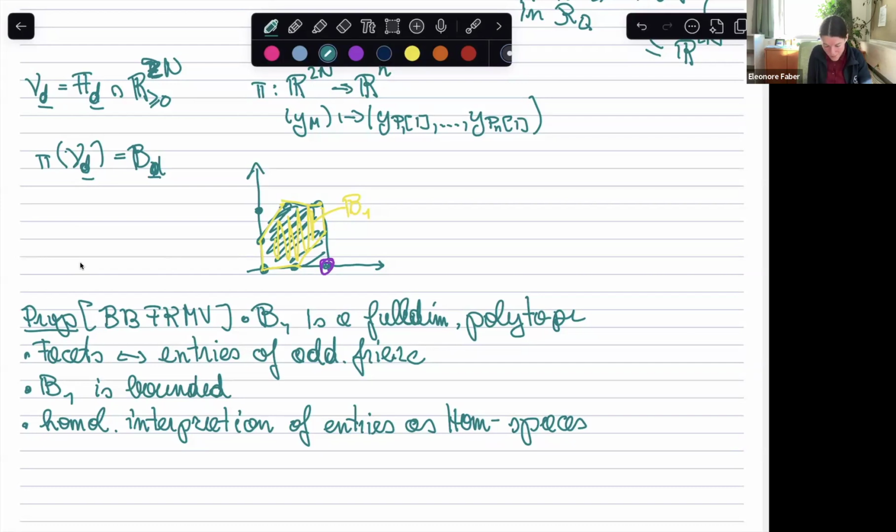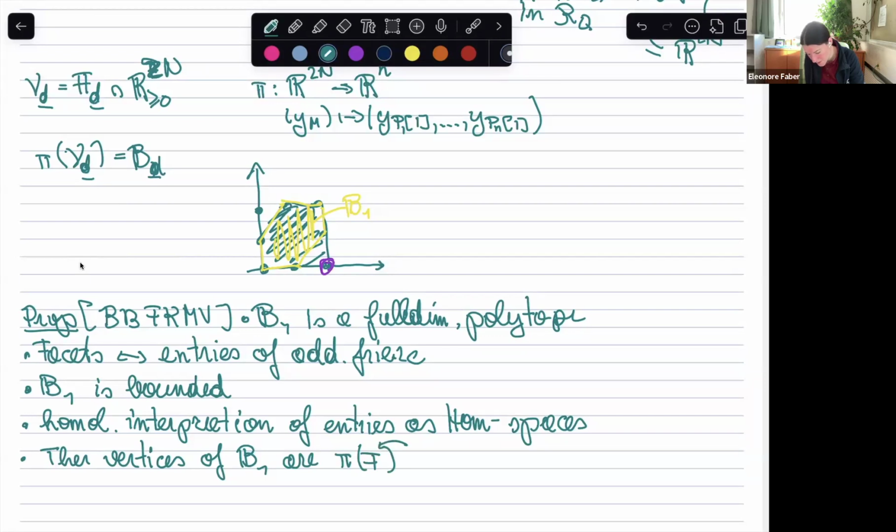And then the interesting thing for people studying polytopes is that we can also characterize how our polytope is related to the actual associahedron, namely the vertices of B1 are the projection of friezes.